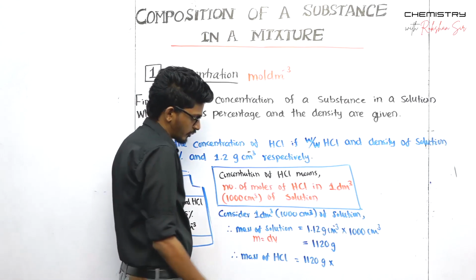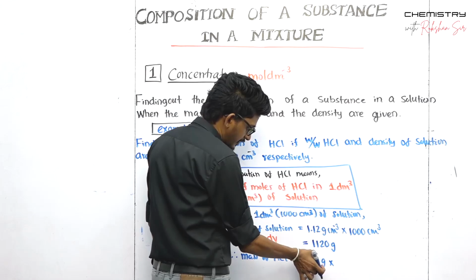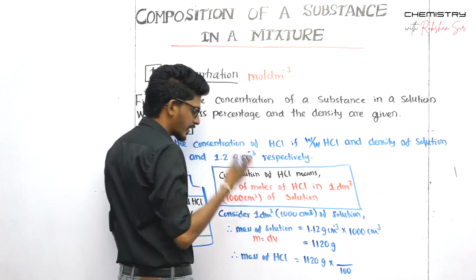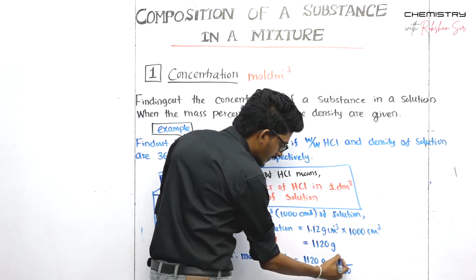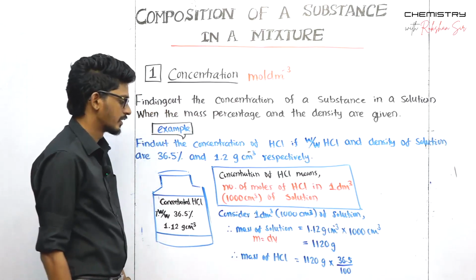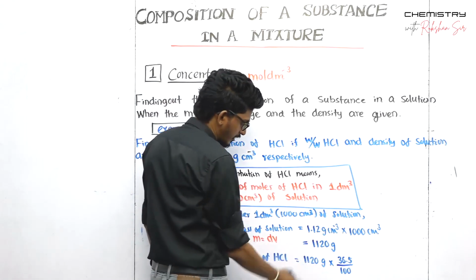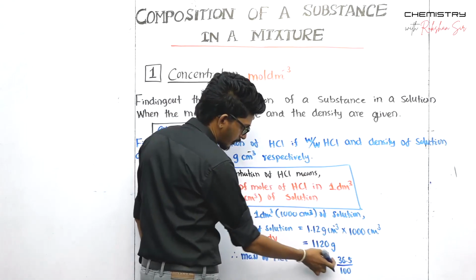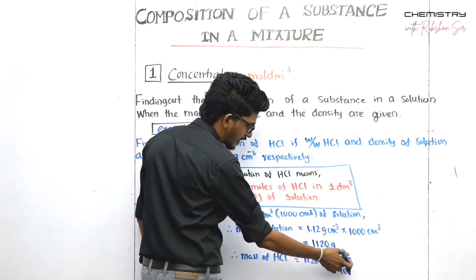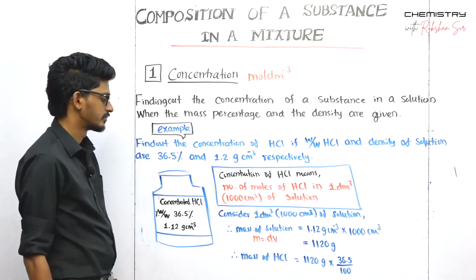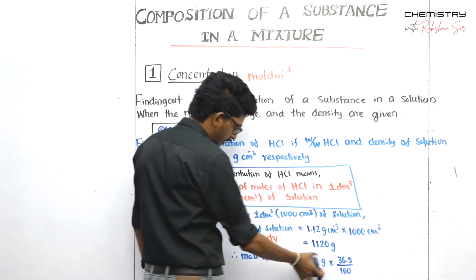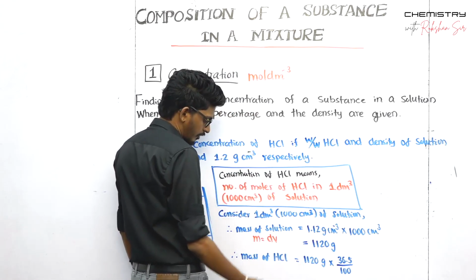The total mass represents 100 portions, so 36.5 portions are HCl. That is the use of weight percentage. So that is the number of grams of HCl, the mass.